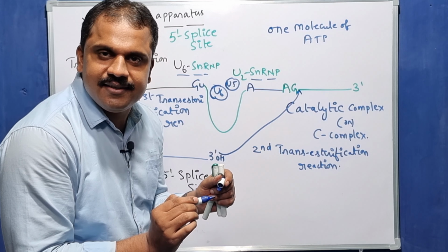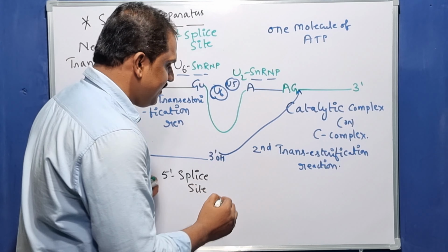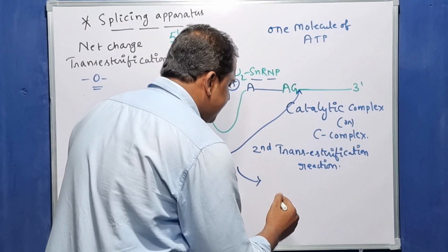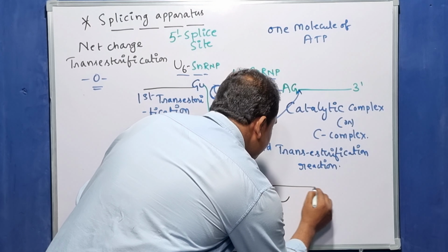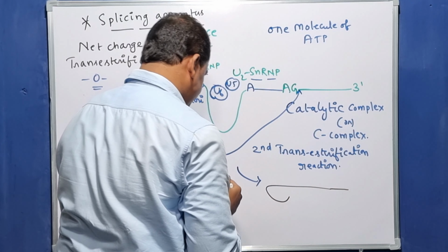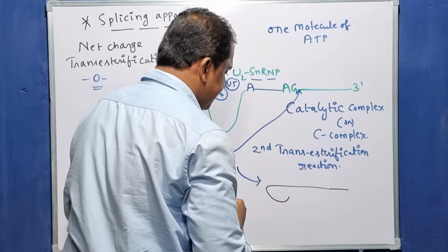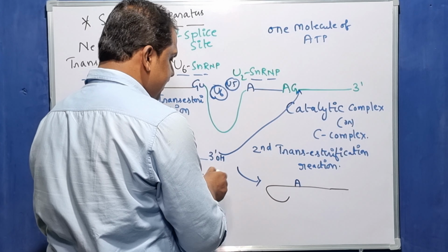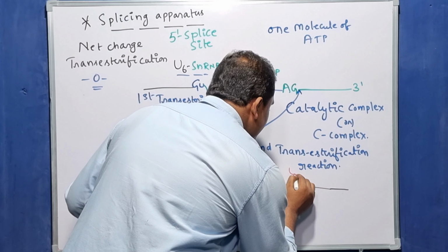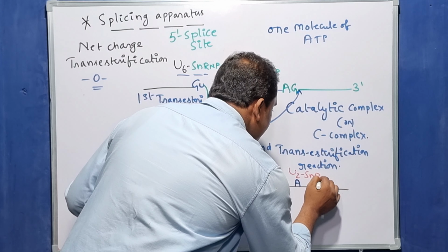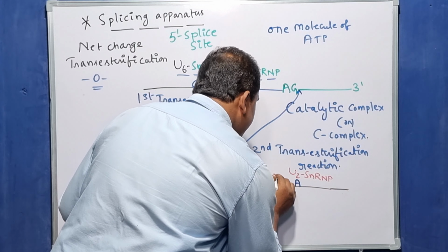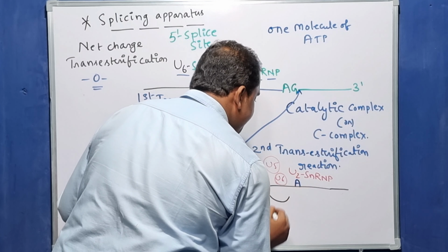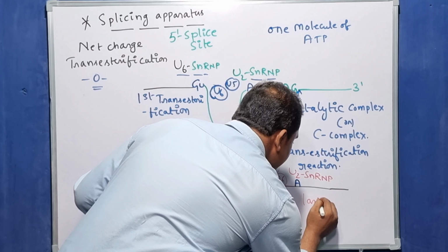Lariat-like structure. Is it clear? So here it is nothing but the lariat structure, right? Here it is the adenosine nucleotide, and here there is the availability of U2 snRNP, and here all these are the U5 snRNP and U6 snRNP, and here it is nothing but the lariat-like structure, right?